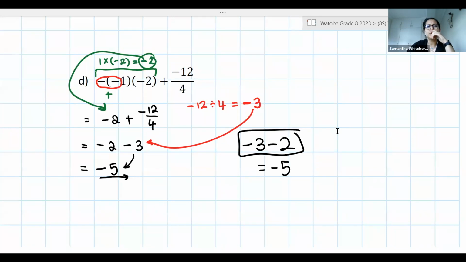Specifically, I'm not too sure where you're getting the +3 from. 1 times -2 is -2. I don't know where you're getting the +3 from. That's not making sense to me. So just double check that.